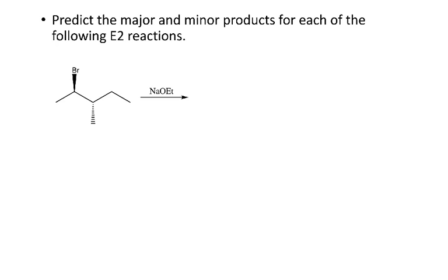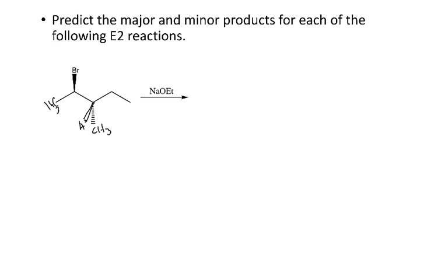Okay, here's another example. And so I need to identify my beta hydrogens again. So I've got a methyl group here, so I can lose hydrogens from there, or I have one hydrogen on this guy, and right, he's essentially coming out towards me.